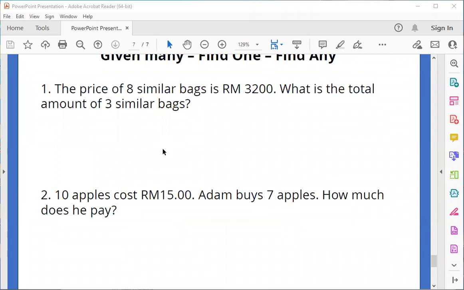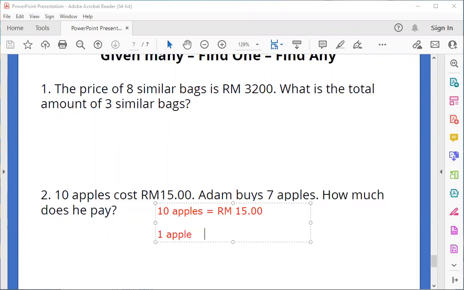10 apples cost 15 ringgit. Adam buys 7 apples. How much does he pay? So again, I'm going to type out the question here. 10 apples equals RM 15. What are we supposed to find? According to the unitary method, we find 1 apple.